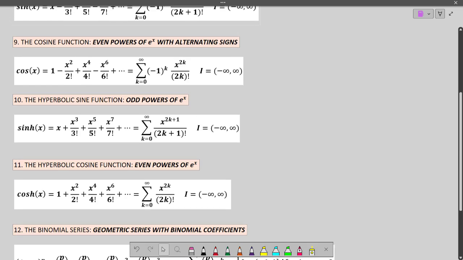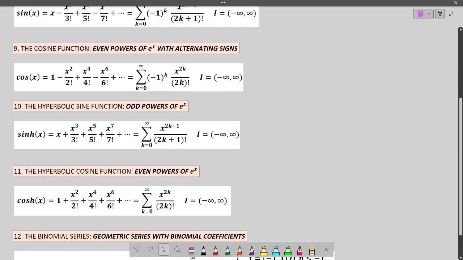So if you're asked to find a new power series from an existing power series and the center is the origin, 99% of the time you're going to use one of these common 12 or common 11, because one of them was centered at 1.